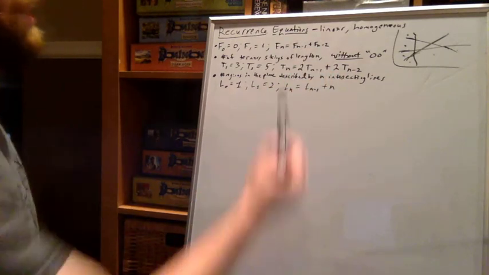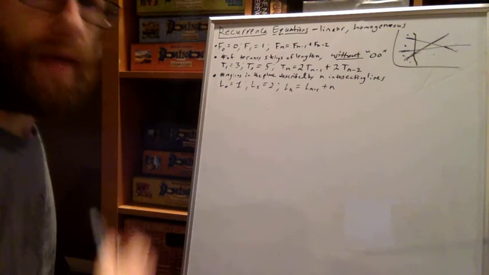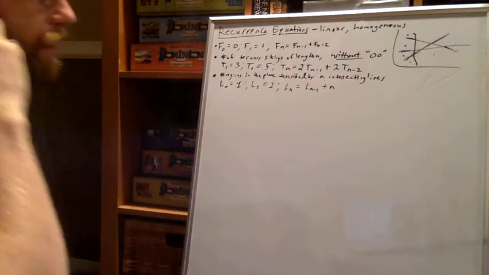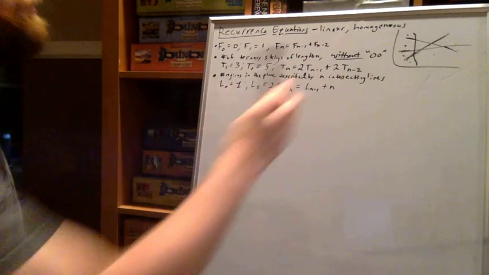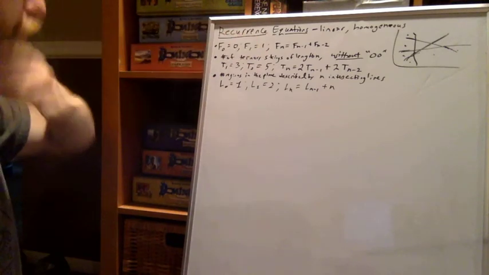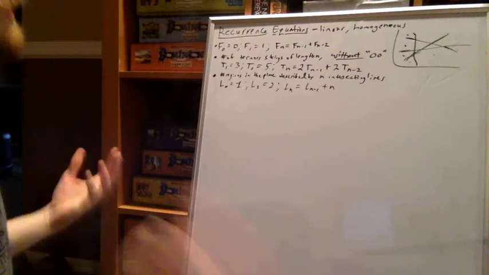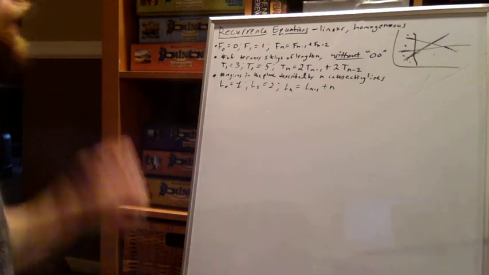For example, I don't have fn is a product of fn minus 1 and fn minus 2 or something like that. So it's just, I've got constant combinations of these previous terms. Again, that's to say nothing of the initial data, but the recurrence relation part, it's a linear combination of previous terms. Here, linear combination of previous terms.